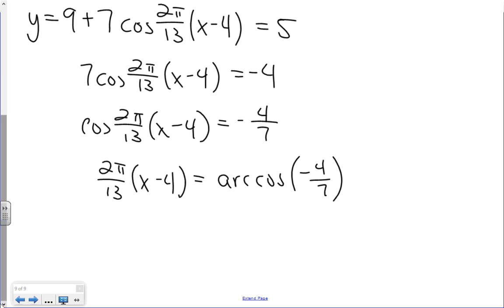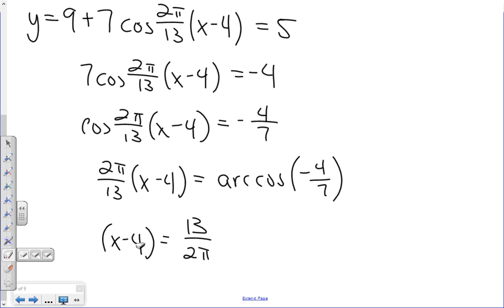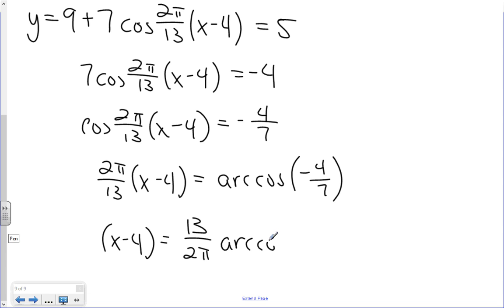All right, now keep going here, but keep arc cosine in the problem until we get to the very end. So get rid of the 2 pi over 13 by multiplying both sides by that reciprocal. So we'll have x minus 4 is equal to 13 divided by 2 pi times your arc cosine, not cosine, arc cosine of negative 4/7.